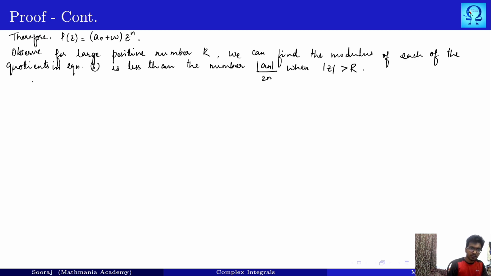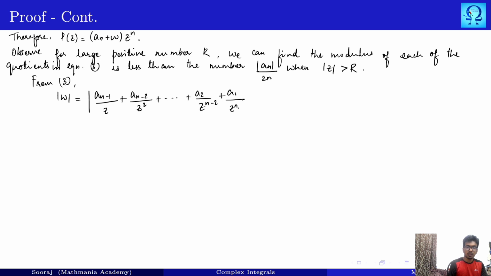Now, from equation 3, what is absolute of w? That is absolute of a n minus 1 upon z plus a n minus 2 upon z squared etc. till a2 upon z to the power n minus 2 plus a1 upon z to the power n minus 1 plus a naught upon z to the power n.